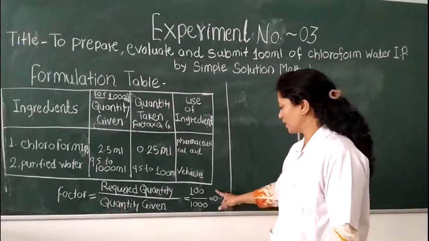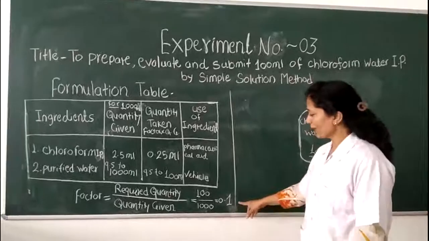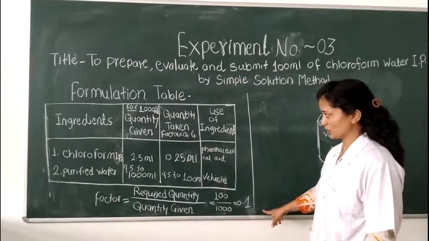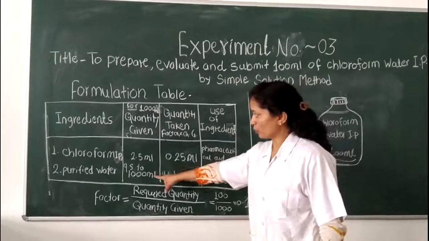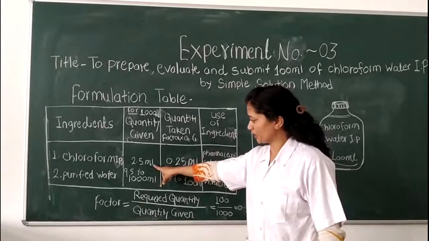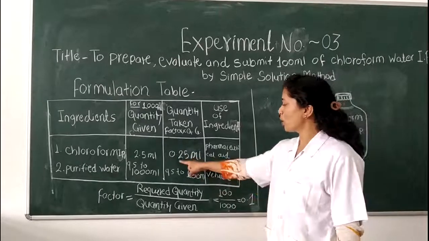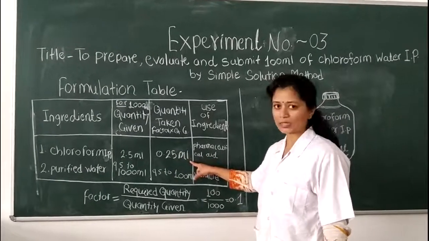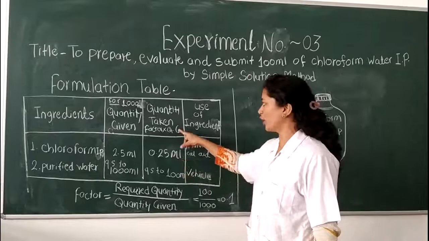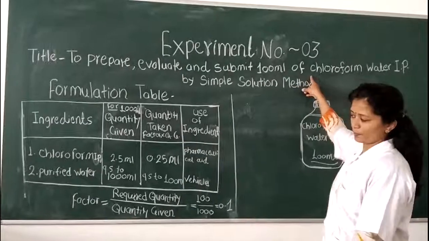So our factor is 0.1. By using this 0.1 factor, we multiply our 1000 ml quantity, that is 2.5. 2.5 multiplied by 0.1 is equal to 0.25 ml, our quantity of chloroform for 100 ml of preparation.